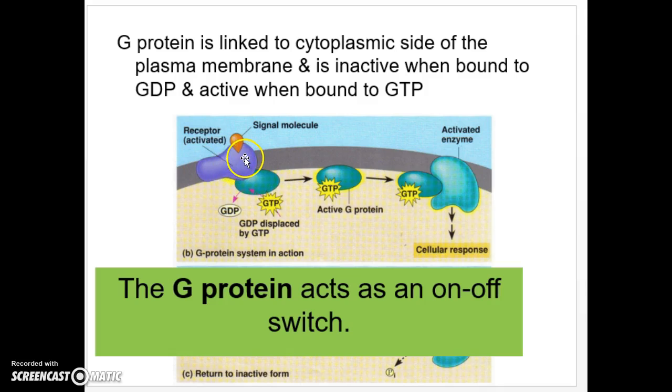So here's our receptor here, which is that 7 transmembrane channel protein. It's actually one protein going through the channel 7 times, but attached to it is this G protein.